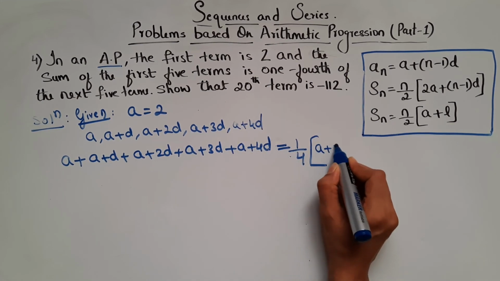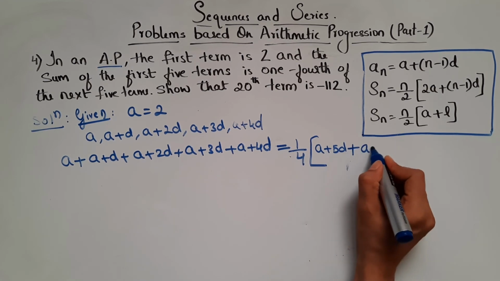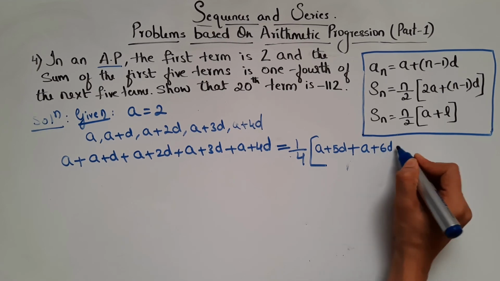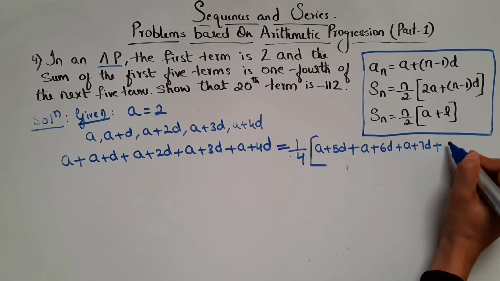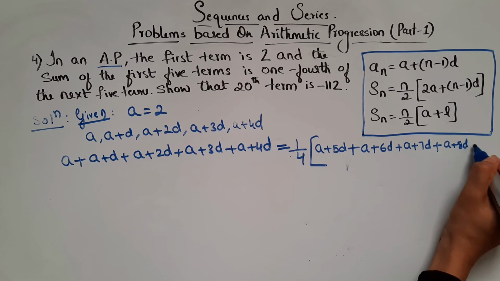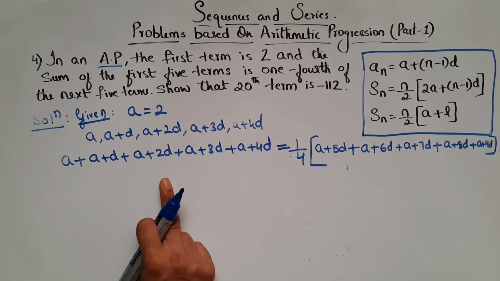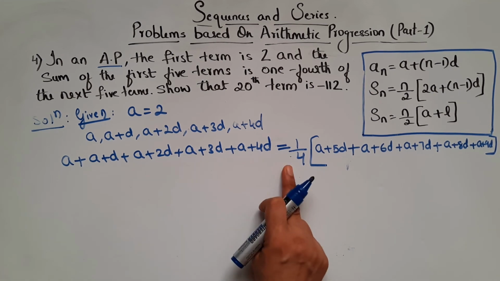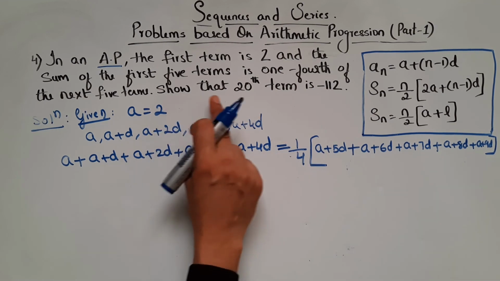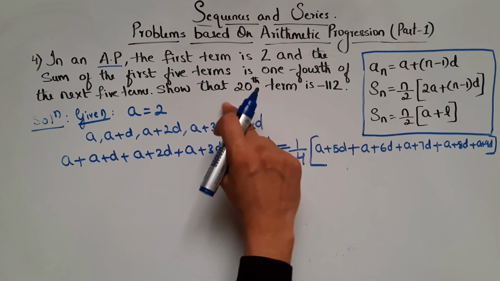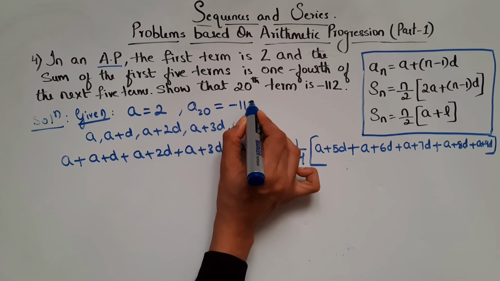We have a plus 5d, plus a plus 6d, plus a plus 7d, plus a plus 8d, plus a plus 9d. So this is what it says: the sum of the first 5 terms is equal to 1/4 of the next 5 terms, right? And it says show that the 20th term is minus 112. We have to show that a20, that is the 20th term, is minus 112.